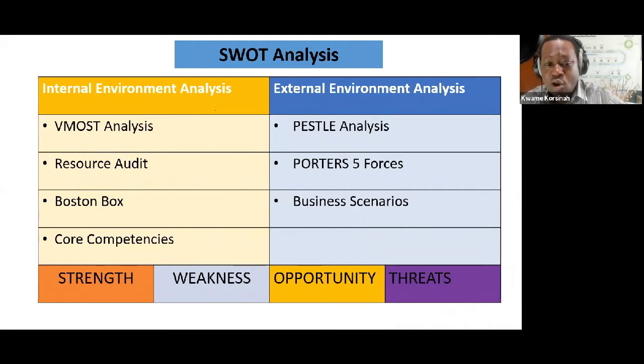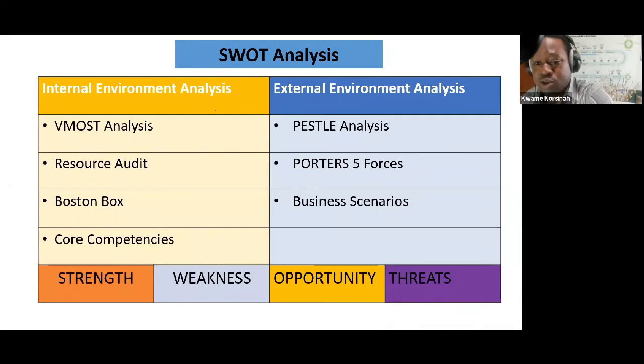You could also look at the core competencies within the organization. Have we got the skill sets? Are we strong in product development? Have we got a design thinking mindset? Have we got agile teams? Have we got a finance team to support us in building the business case? Those are all the internal environmental analysis that will help you draw on your strengths and weaknesses.